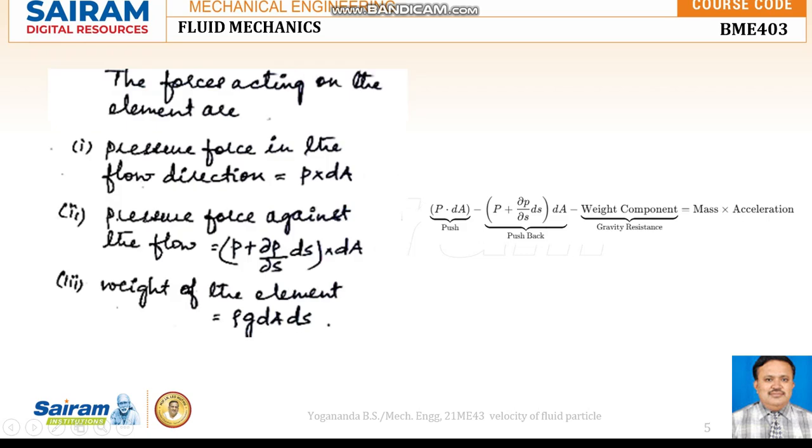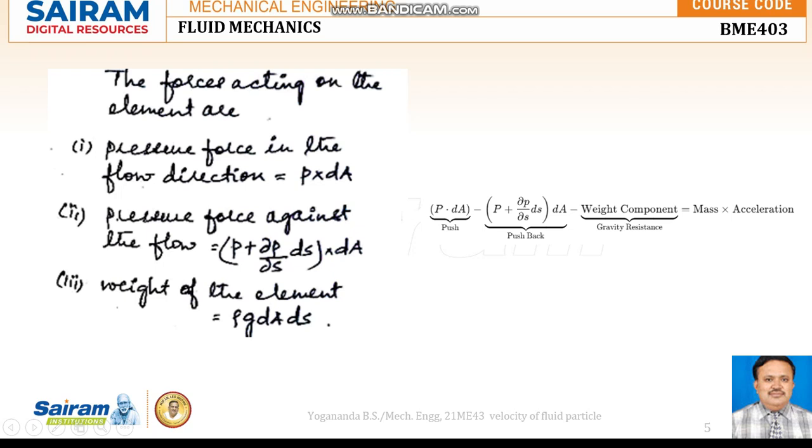Now the summation of all three forces: one is going to the right, that carries a plus sign, and the other two are going to the left, that carry a minus sign. We take the summation of all the forces equal to m into a, that is force equals mass into acceleration.